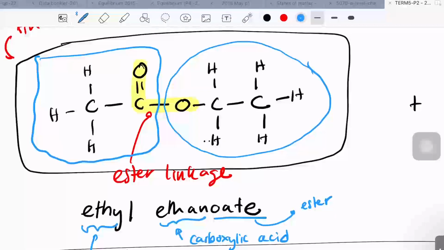Right now, what I want you to do is write down this name, follow the same method, and write down the name of the last one we did. We have drawn another ester. If you have completed, you can rest your hand.